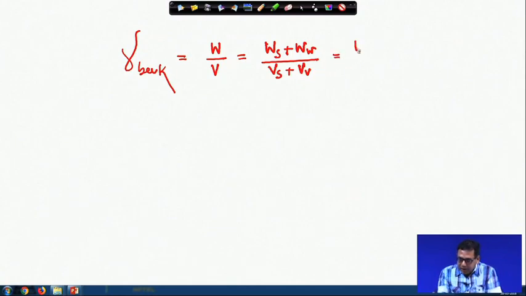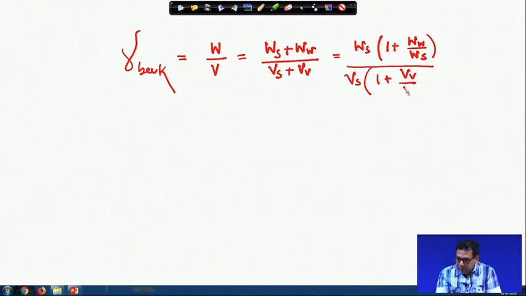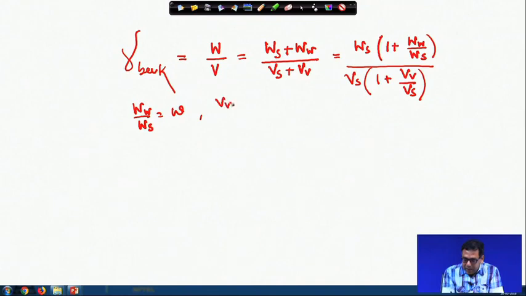So, I can write weight of solid into 1 plus weight of water divided by weight of solid, and V s into 1 plus V v divided by V s. Now, I know weight of water divided by weight of solid is equal to water content, and V v by V s is equal to void ratio.